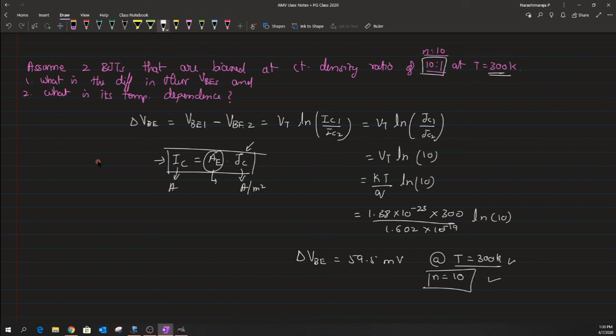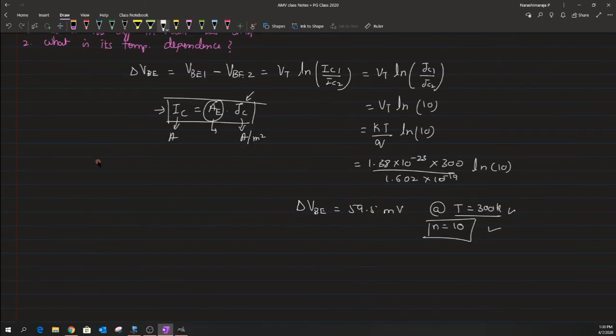In order to evaluate such a quantity, let me write this new value of delta VBE as delta VBE prime, evaluated not at 300 Kelvin, but at 1 degree above this, which is nothing but 301. In order to evaluate that, one could use this result itself. The value of delta VBE at 300 Kelvin can be used to evaluate the new value of delta VBE at 301 Kelvin.